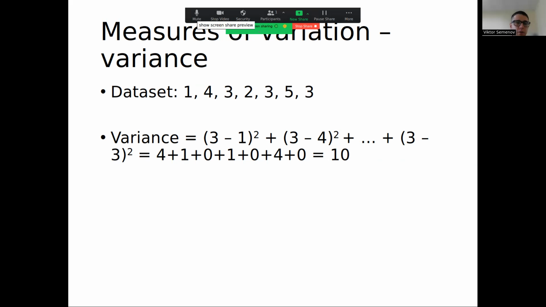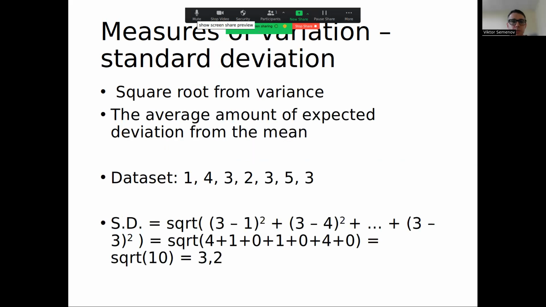There are other reasons why variance might not be the best option, but still it's useful as an intermediate step for calculation of other statistical parameters. For this purpose, we calculate, for example, the standard deviation. We just need to take the square root of the variance.